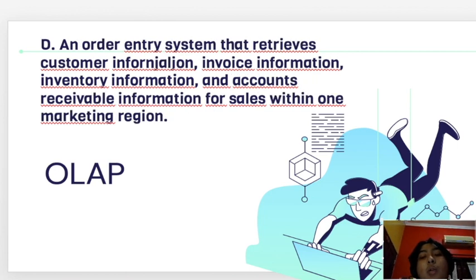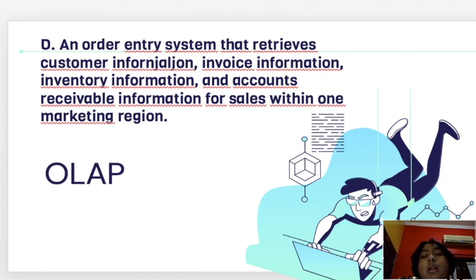Next one is an order entry system that retrieves customer information, invoice information, inventory information, and accounts receivable information for sales within one market region. Despite it being a smaller geographical location, which is the one market region, it's still OLAP server worthy.